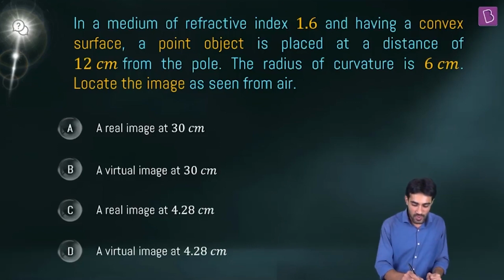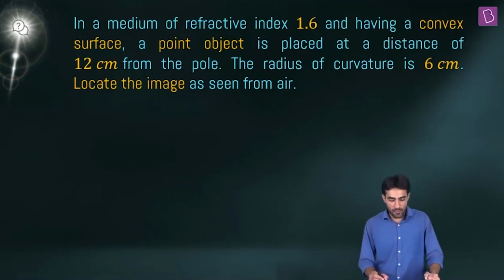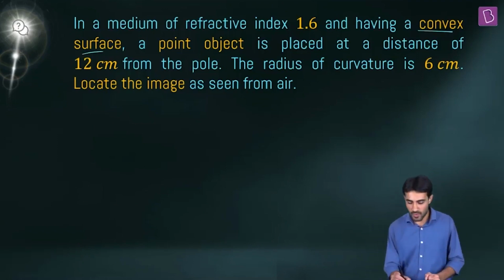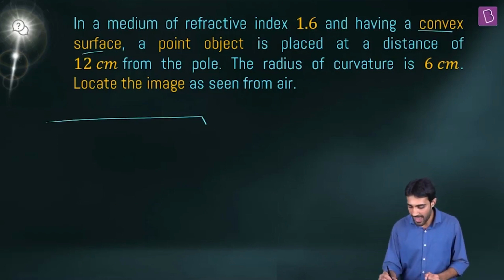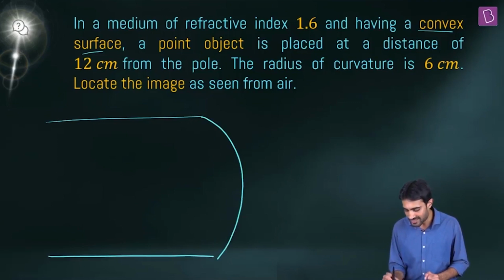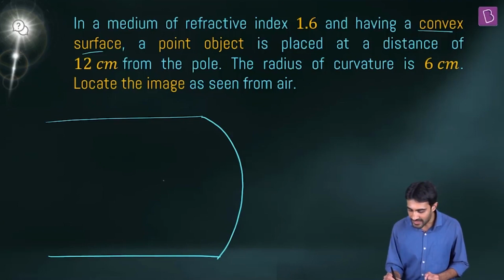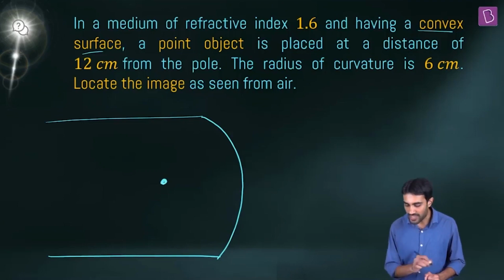Now let's go over here. Now we can imagine a convex surface. So this is our medium and this medium has convex surface. So let me draw the convex surface once more. This is our convex surface. Now this surface must be having some center of curvature, right?